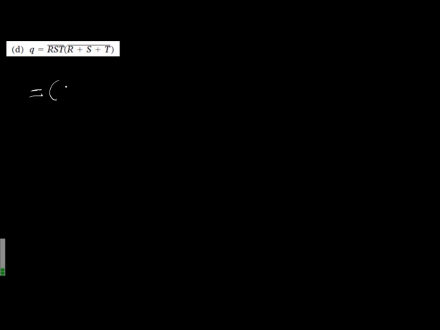So I'm going to use De Morgan to open it up. I'm going to have R bar or with S bar or with T bar. Don't forget to close the bracket because it's a separate function. Here I will have R or with S or with T and its complement.